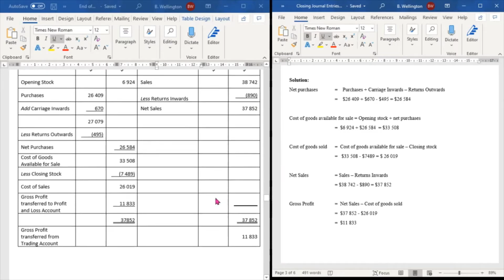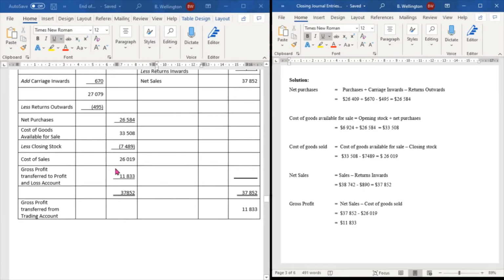Right? Now what we do here, this is the horizontal style with debit side and credit side. On the credit side, we have a total of $37,852, and on the debit side, we have a total of $26,019. Now the difference between the two sides is $11,833.